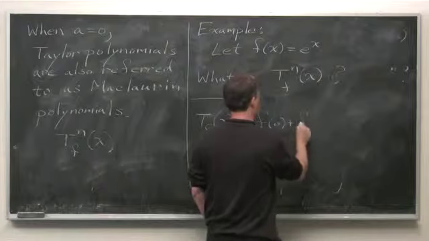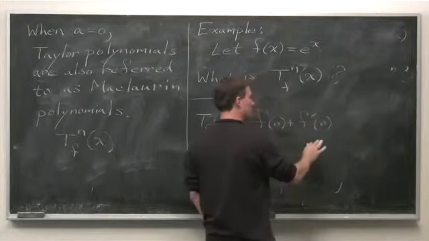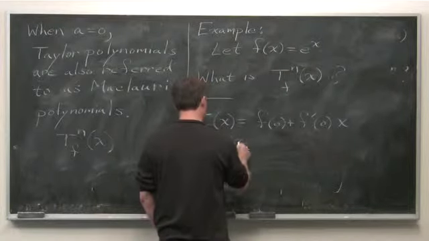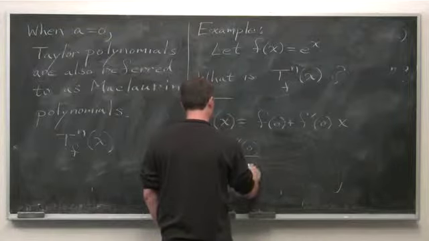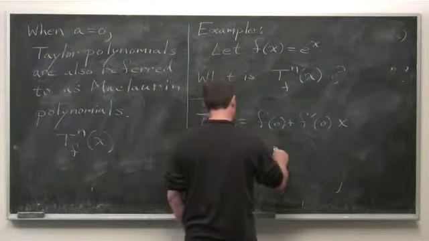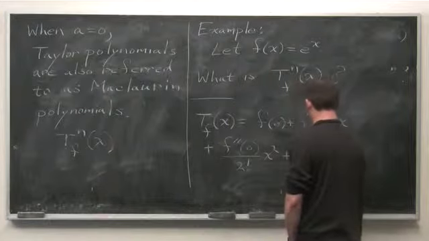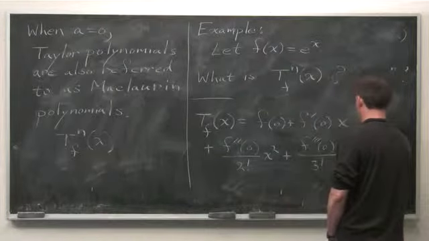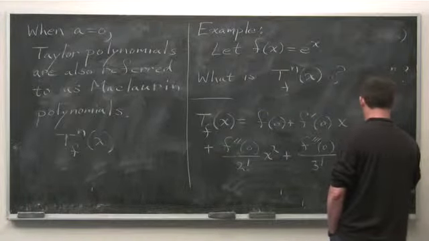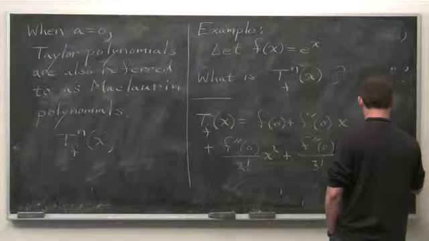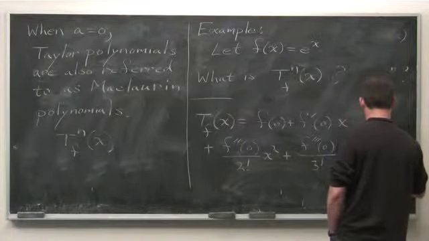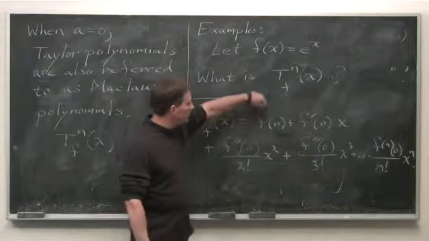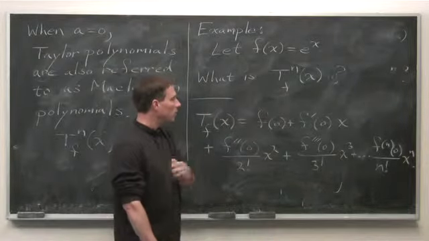It's f of 0 plus f prime of 0 times x minus 0, so that's just x, plus f double prime at 0 over 2 factorial times x minus a, but a is 0, so just x squared, plus f triple prime at 0 over 3 factorial times x cubed, and you go out to the nth derivative evaluated at 0 over n factorial times x to the n. Great. So what's the whole problem? We have to find these derivatives of f. We know what the coefficients are.